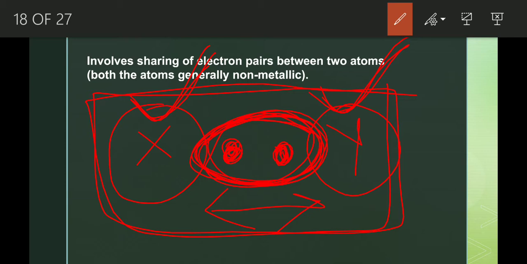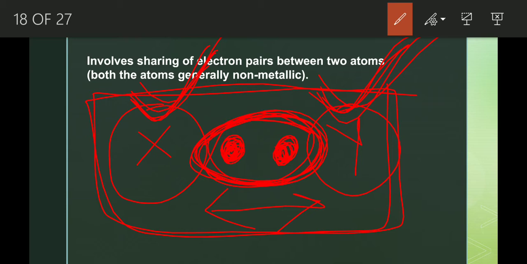Now here, why are we considering both X and Y to be non-metals? Because non-metals are those that gain electrons. Here there is no losing of electrons; neither X nor Y is losing an electron. What they are doing is sharing. That means this particular electron of X is gained by Y, and this particular electron of Y is gained by X. So this is a form of gaining of electrons.